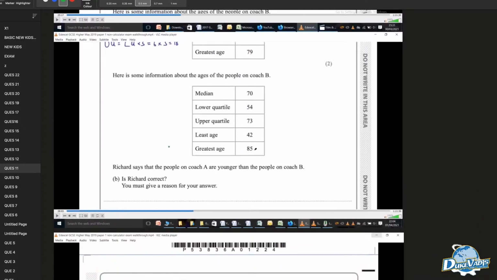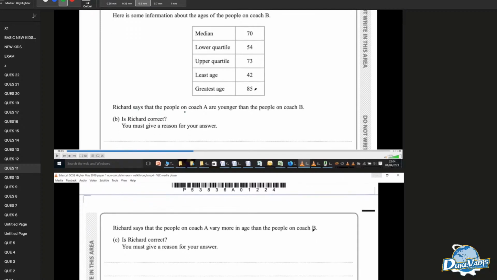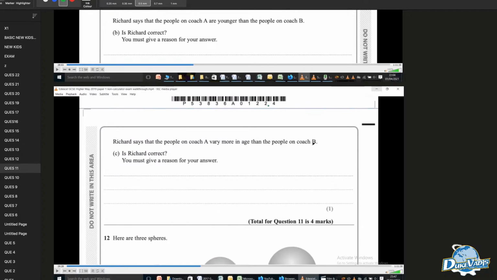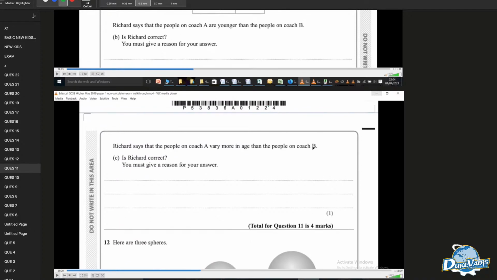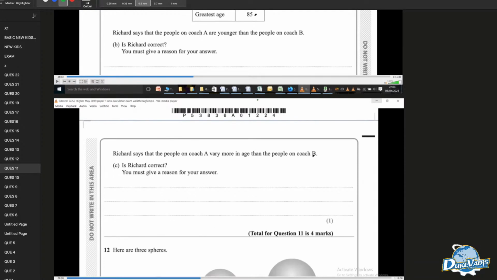And it says, here is the information about the ages of the people on Coach B. Richard says the people on Coach A are younger than the people on Coach B. Do you agree with this? Let's see whether we agree with Richard.